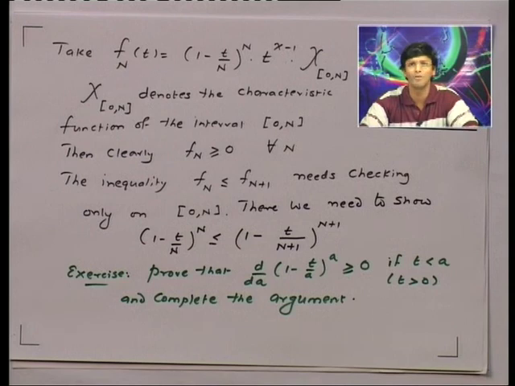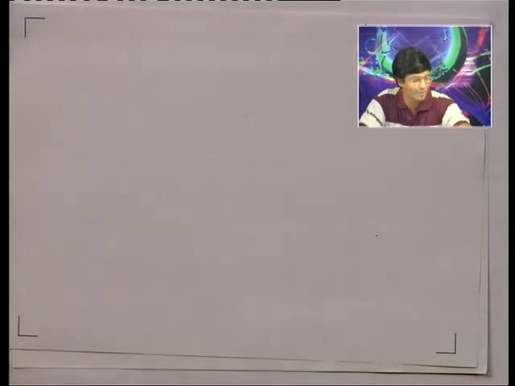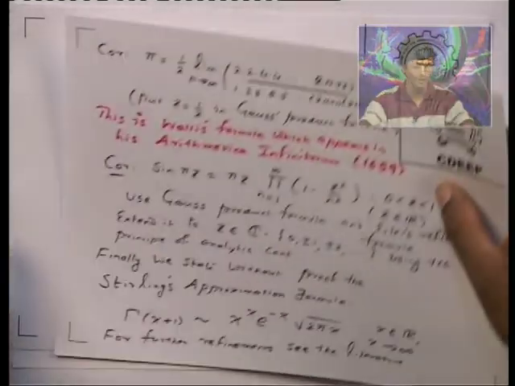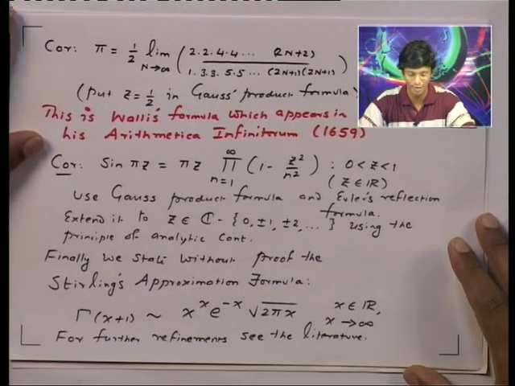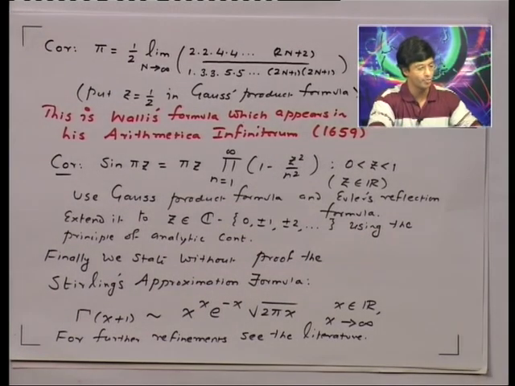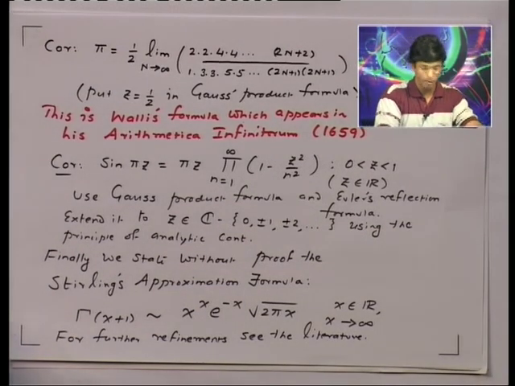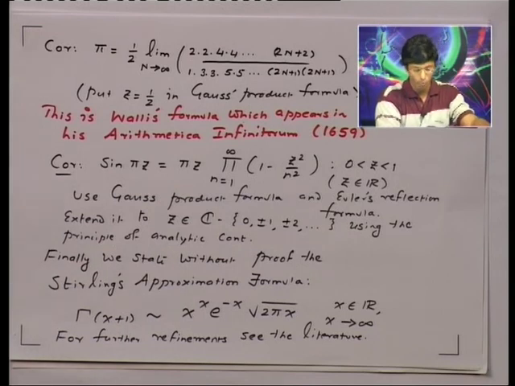Why is the Gauss product formula important? Let us look at a simple corollary of it. The immediate corollary from the Gauss product formula is this. When you put z equal to half, you get the Wallis product formula, right?